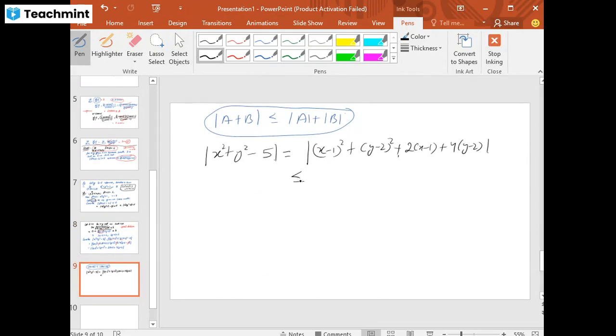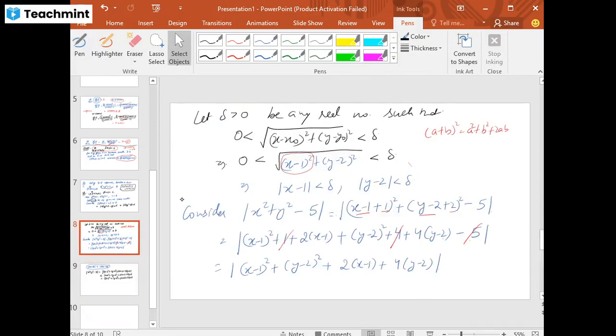Now this is less than or equal to |x minus 1| square plus |y minus 2| square plus 2 times |x minus 1| plus 4 times |y minus 2|. Now |x minus 1| square is the same as x minus 1 square, because the square of a number is always positive, right? So this expression is the same as this one, right?